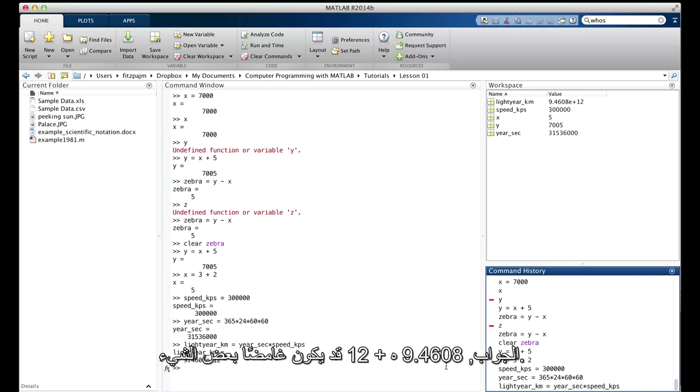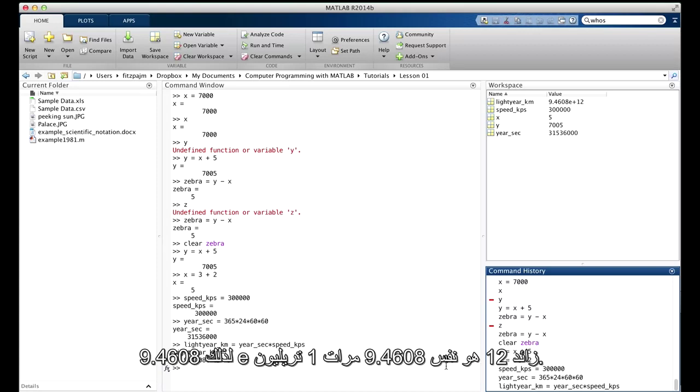The answer, 9.4608e+12, might be a little mysterious. MATLAB has written the answer using scientific notation. The number after the letter E is the power of 10 that you multiply the part before the E by. So 9.4608e+12 is the same as 9.4608 times 1 trillion.